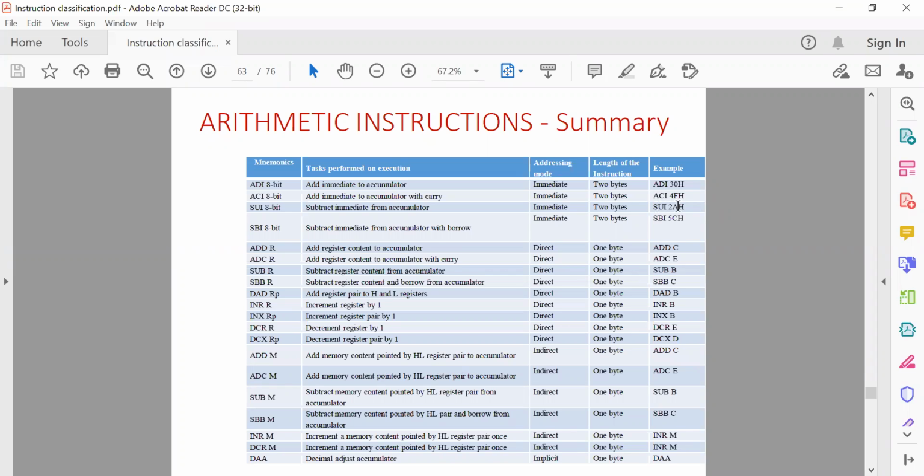So that means accumulator content minus 2A, and the result will be stored inside the accumulator. This A doesn't mean the accumulator. Don't confuse it. These are data in the hexadecimal number system. So 2A is your data, which must be subtracted from the accumulator content, and the result will be stored automatically into the accumulator.